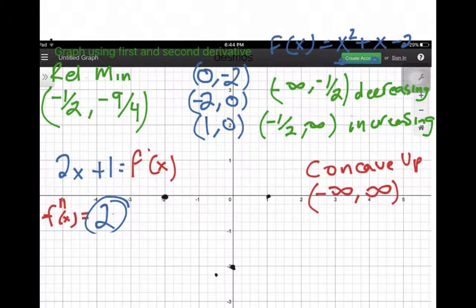And that is all the information we have, except for our intervals for increasing and decreasing. So let's use this color in order to stand out a little bit, and let's start putting in what we know.